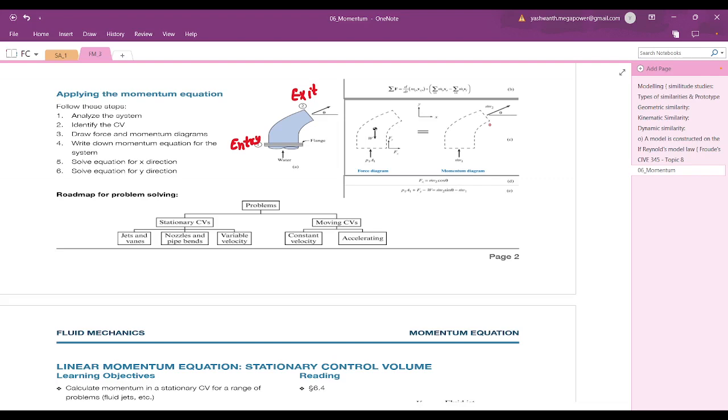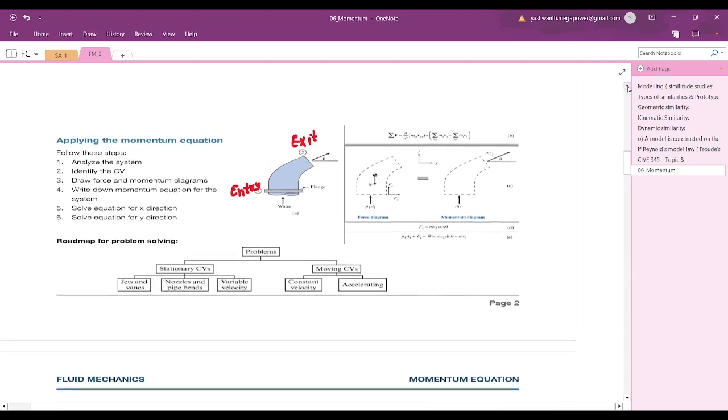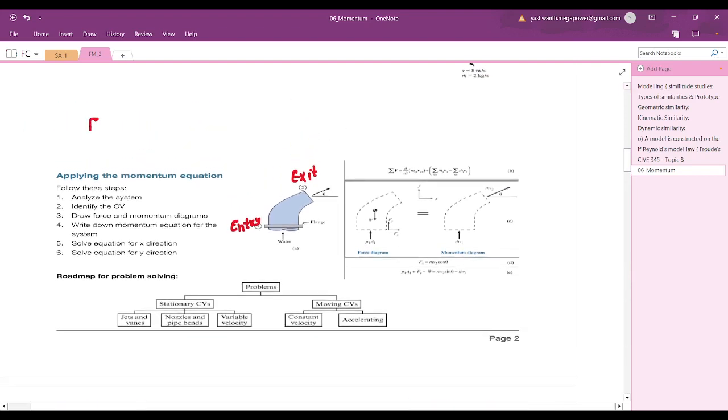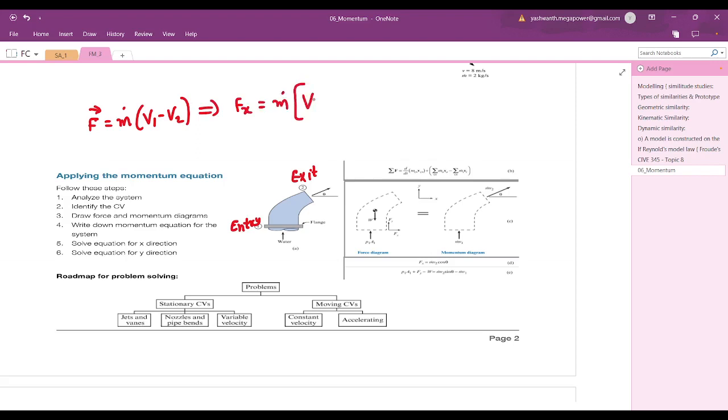I'll give you the simplified form of the momentum equation. Finally, F bar comes out to be m dot (v1 minus v2). This is how it can be modified. Fx, the force in the x direction, is equal to m dot (Vx1 minus Vx2).